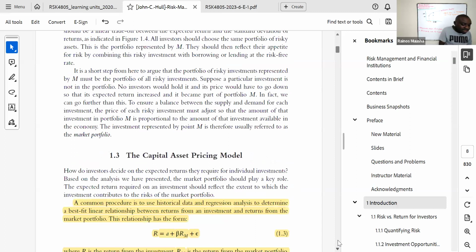So let's end here today. In the next class, we are going to continue from section 1.3. Section 1.3, I don't want to go through it hurriedly, reason being it's a highly examinable section.